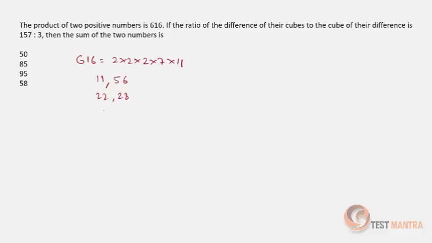Then the next one is 14, 44, right? And then the next value I can take is 88 and 7. For the time being, let's try to check what are the summations possible here.